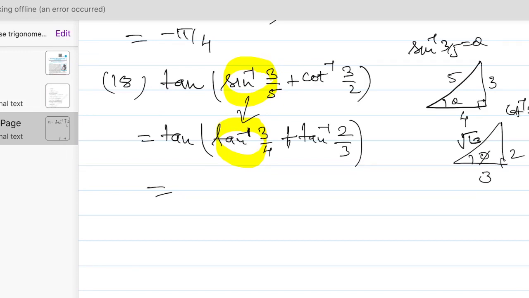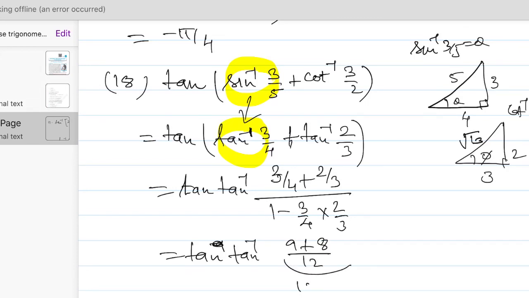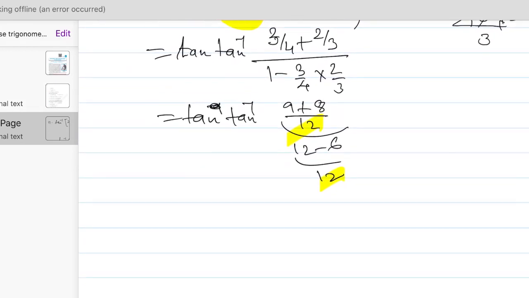So applying property number 5, tan inverse x plus tan inverse y, inside the bracket tan of, this will become tan inverse of 3 by 4 plus 2 by 3 divided by 1 minus 3 by 4 into 2 by 3. Tan of tan inverse of 9 plus 8 divided by 12, divided by 12 minus 6 by 12. The second term and the last term will cancel each other.